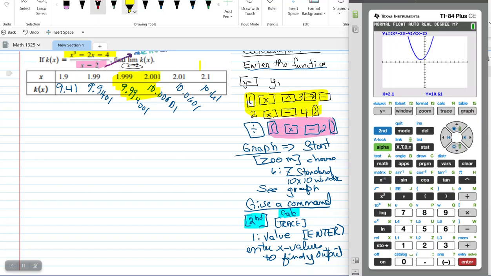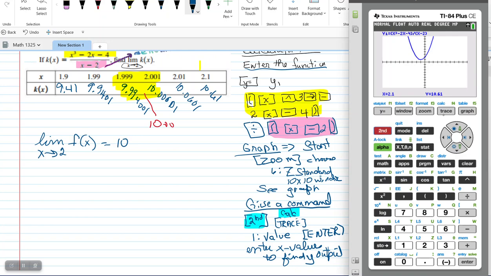And we can see that that limit is 10. 10 lies very close to both. All right. So the limit as x approaches 2 for f of x is 10.